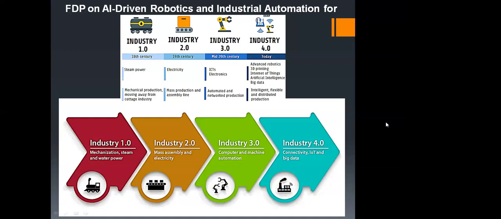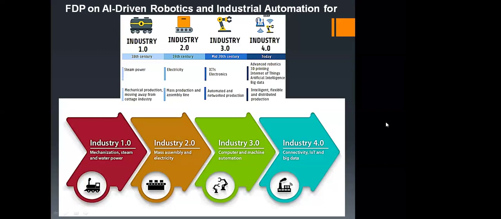There are four different industrial revolutions we have come across since the 18th century. The first industrial revolution was in the 18th century, moving away from the cottage industry to mechanical production, where steam or water power was used as an energy source.